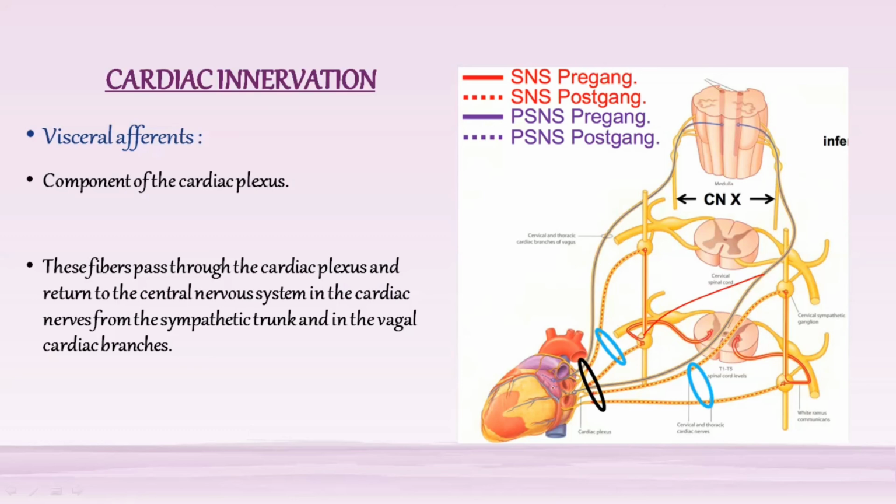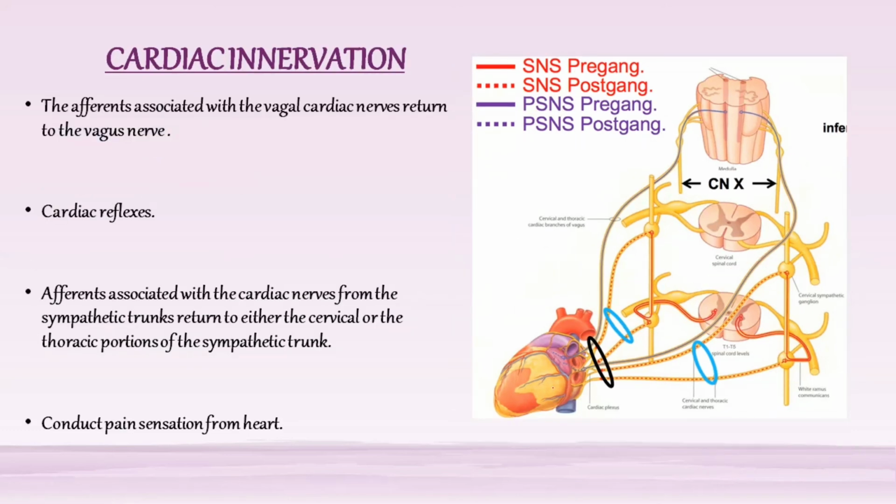They either reach the central nervous system through the vagus nerve, or through the sympathetic trunk. So it is written that these fibers pass from the cardiac plexus to the central nervous system in the cardiac nerves, but these cardiac nerves reach the central nervous system through the sympathetic trunk or through the vagal branches.